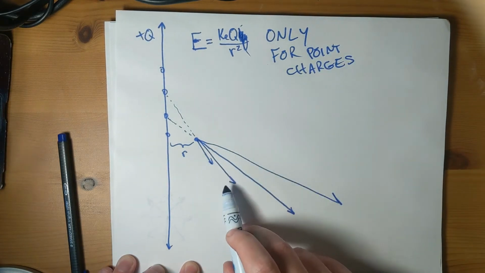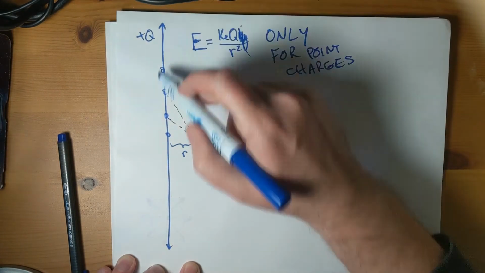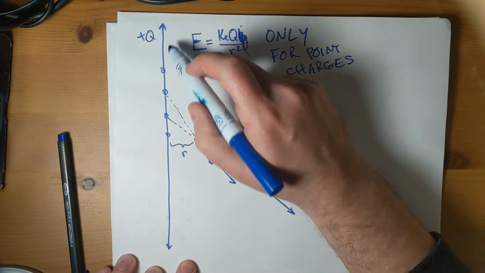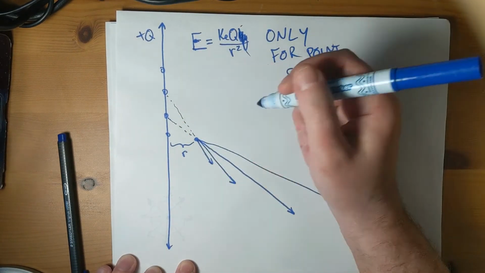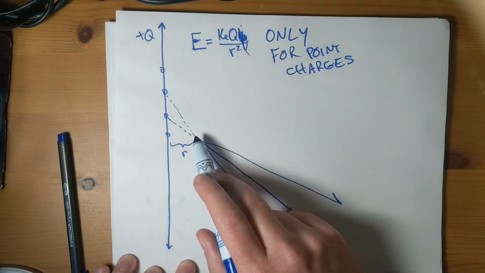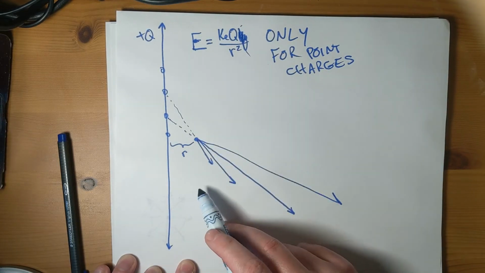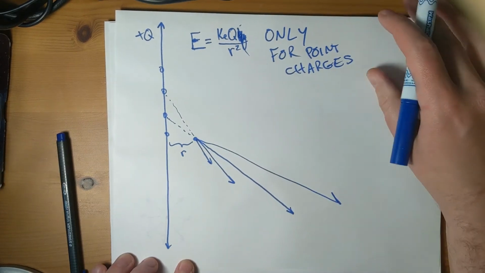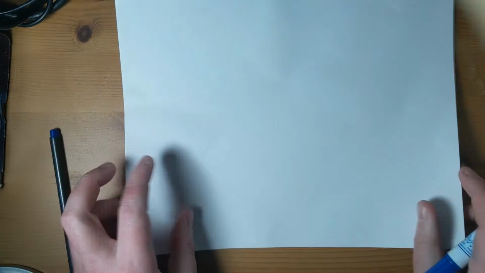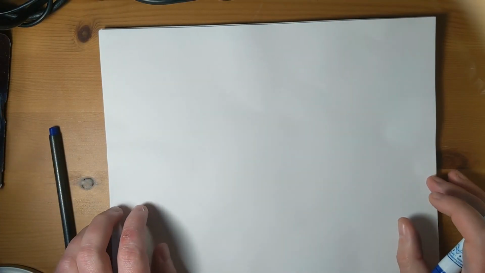So I need to vector sum all these guys from infinity to infinity, positive to negative infinity. And that sounds complicated. I'd have to do some kind of integral with cosines in it. That does not sound like the way I want to do this. I will do that in another video. But to show you the easiest way to do this, we're going to use Gauss's law. Always true, not always useful, but let's make it useful.